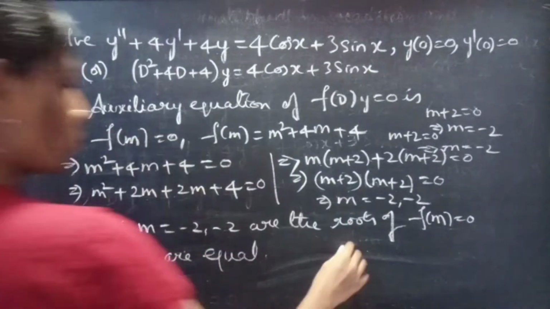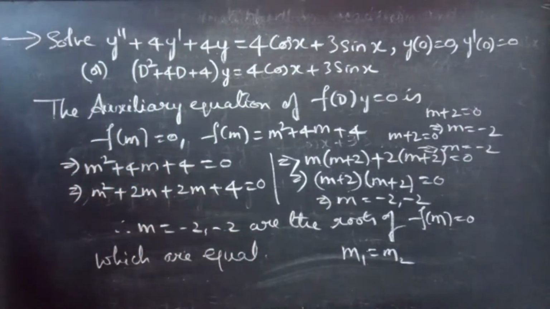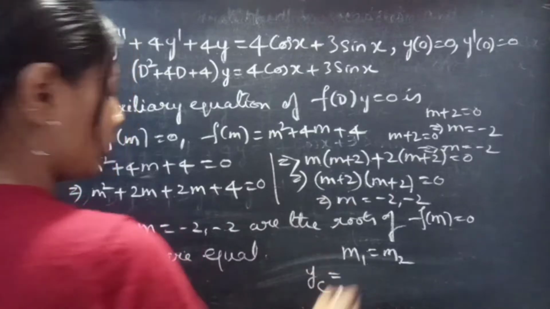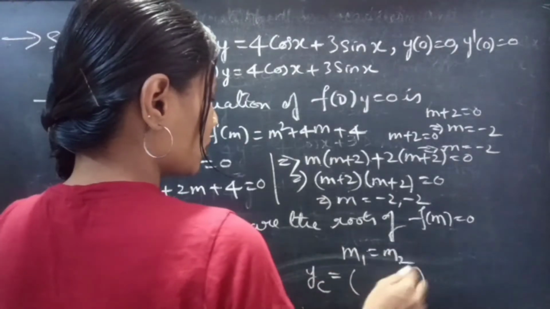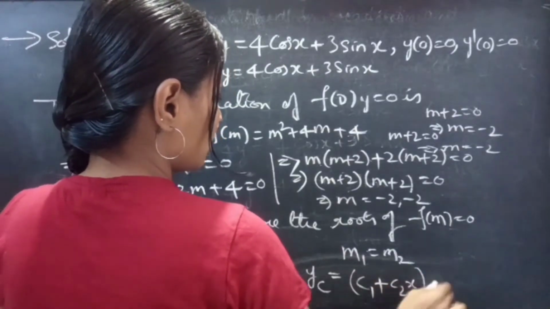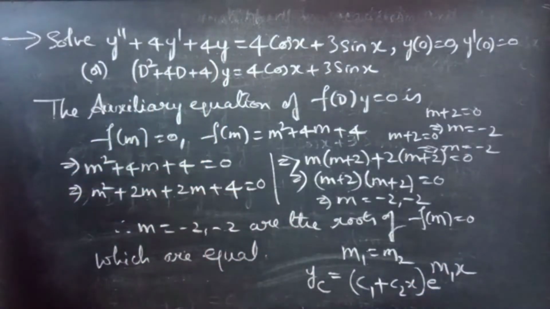We know that if two roots m1 and m2 are equal, then we can write the complementary function as, since we are having two equal roots, under brackets two constants or two terms, (c1 + c2 x) into e to the power of the equal root into x, right?